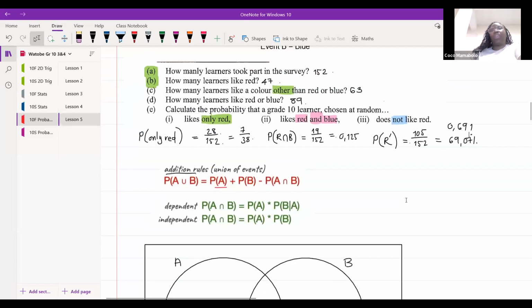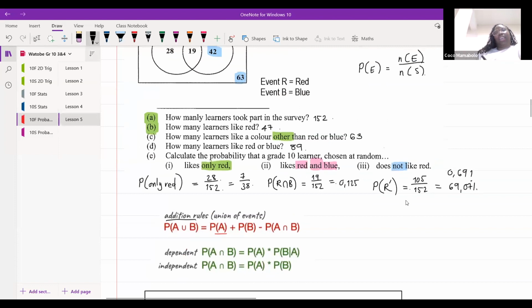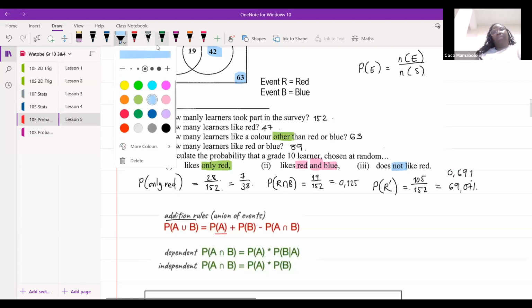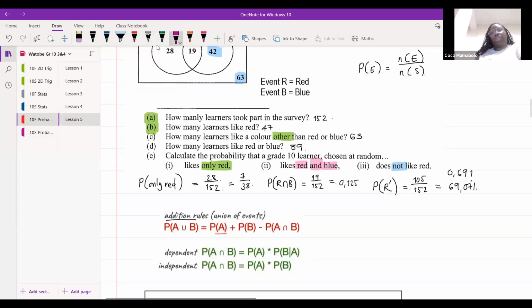Correct. Okay, so if you look at the questions we've just done here, look over here. Do you see how we said that we're looking for students who like red and blue? And you'll see that Teacher Coco strategically used the symbol for intersection there instead of writing and. You see that? Oh, yes, ma'am. Then we can also use the symbol for union, they go together.